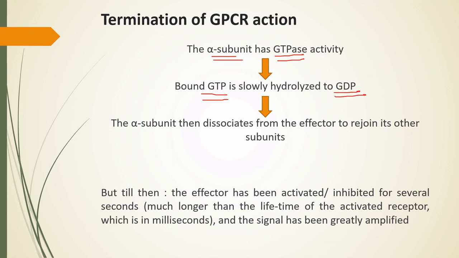Once this hydrolysis takes place, the alpha subunit dissociates from the effector molecule and joins with the other subunits. What were the other subunits? The beta and the gamma. So the alpha subunit, now bound to GDP in place of GTP, is rejoining the beta and gamma. That means it is coming to its resting state.